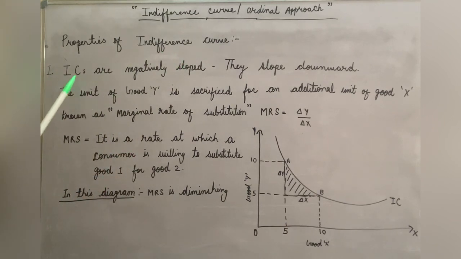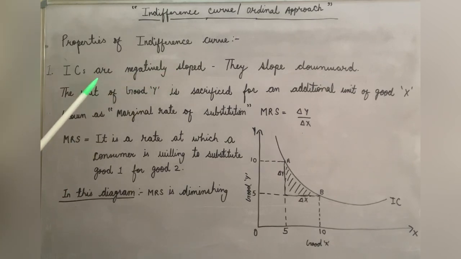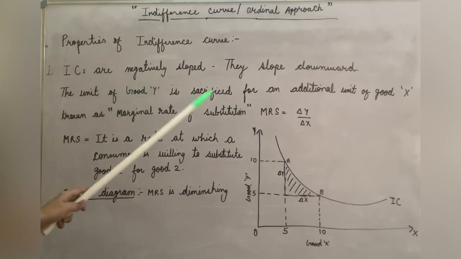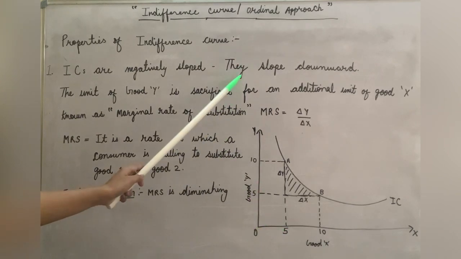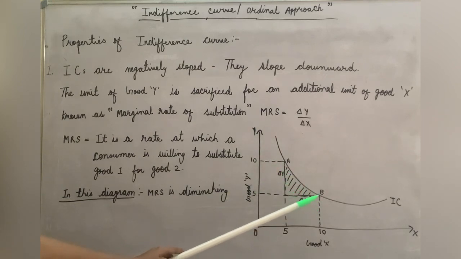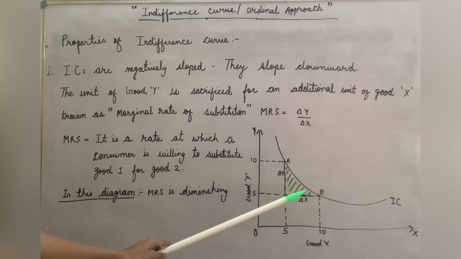The first property is that ICs are negatively sloped. It means ICs slope downward toward the origin. How? Because the relation between good Y and good X is negative or inverse. They slope downward, as you can see that the IC is downward; we will show it in the diagram.